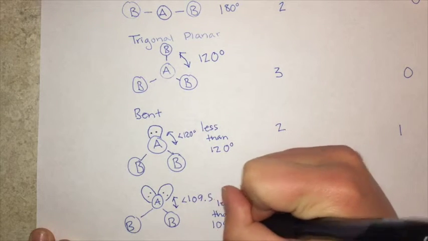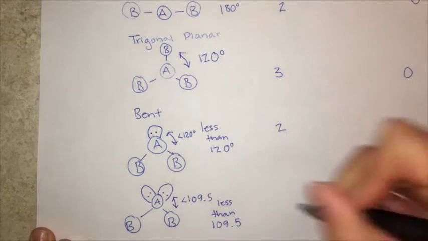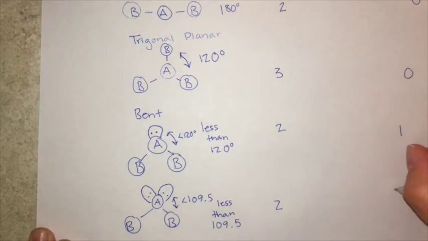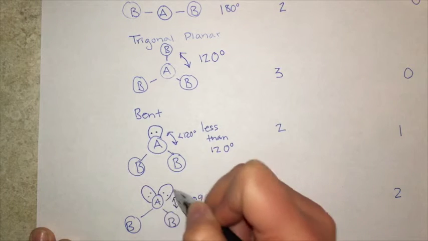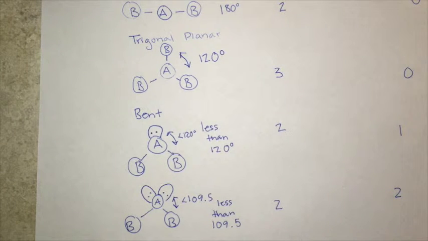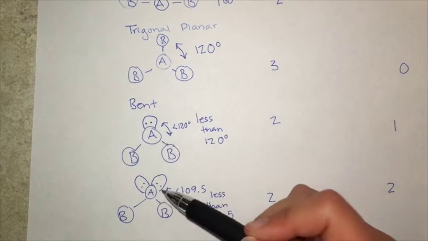This one has 2 bonding pairs and 2 lone pairs because we have 1, 2, and then 1, 2. So this is the molecular geometry for bent molecules.